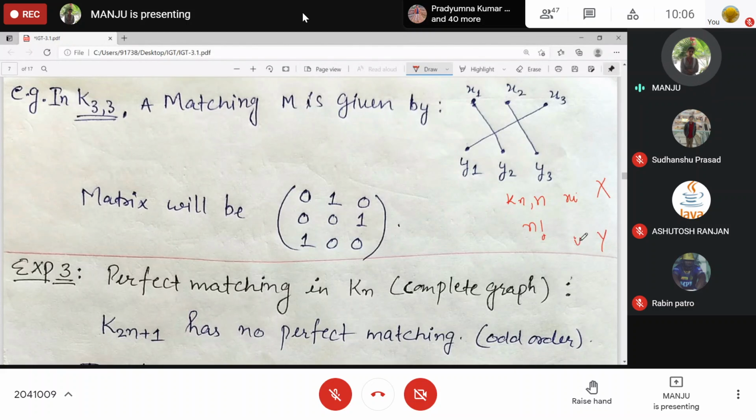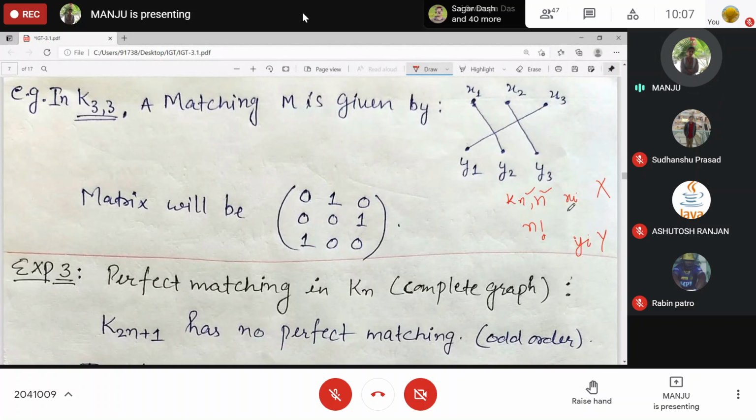So if x1 is adjacent to y1, you take that; x2 is adjacent to y2, and so on. n edges will be there in the perfect matching, right? Because the total number of vertices is 2n. Clear? And this is your one-one onto mapping, a bijection.